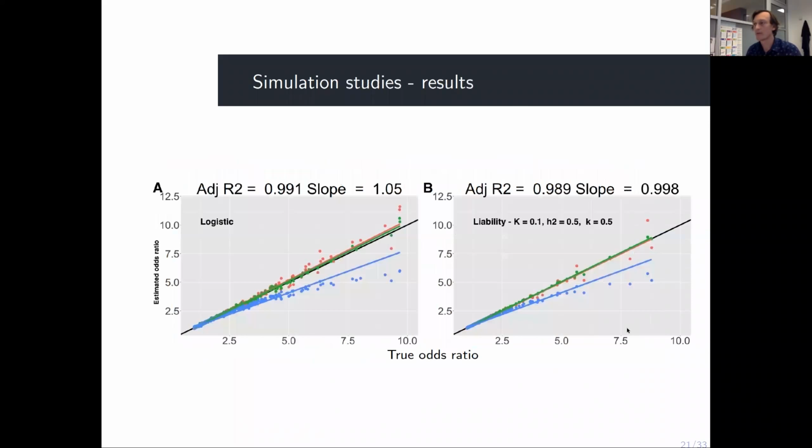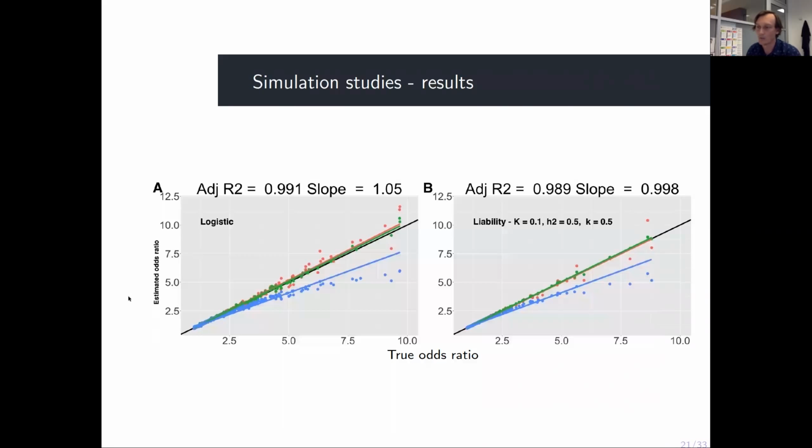So I'm going to run through the simulation study results, and this is one way of visualizing the results. Here on the x-axis, we have the true odds ratio, and you can see it ranges from 1 to 10. The reason why it starts at 1 is that I transform everything onto the risk allele. Otherwise, you compress the space between 0 and 1, and it's a little bit misleading.